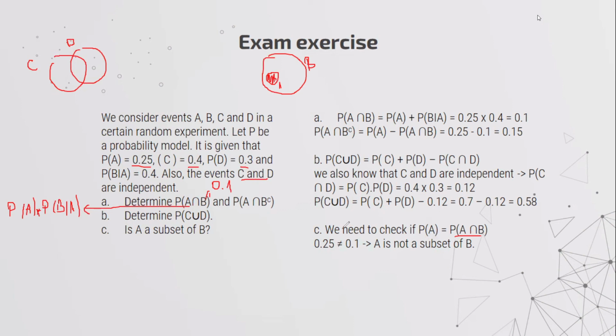We have the probability of A, which is 0.25, and the probability of the intersection, we already found 0.1, but those are not equal to each other. So it means that A is not part of B, it's not inside B. Was that clear, or?